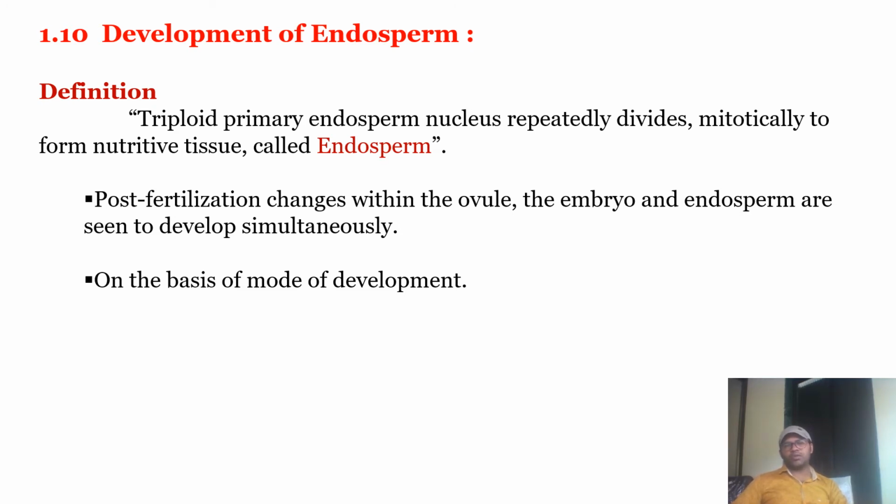The triploid primary endosperm nucleus repeatedly divides by mitotic division to form a nutritive tissue. That tissue is called endosperm. These are the post-fertilization changes taking place within the ovule. So the endosperm as well as the embryo develop simultaneously.